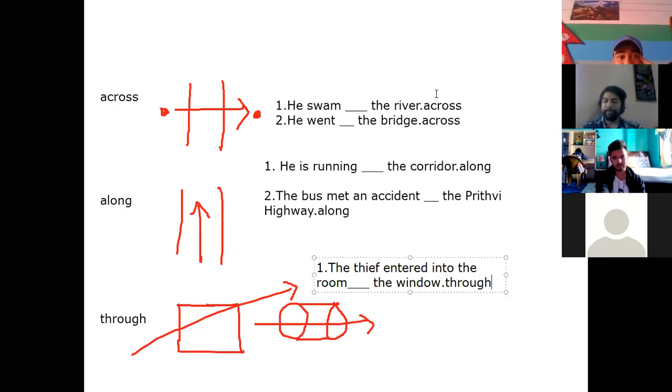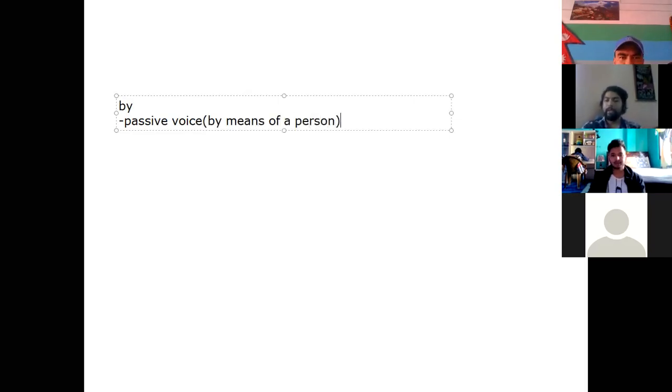So the next one should be by. By is used in the passive voice, you know it. In passive voice, if something is done by means of a person, by the help of a person, we use by.